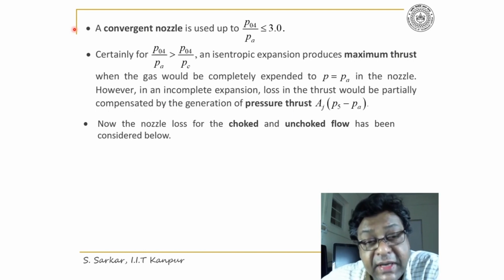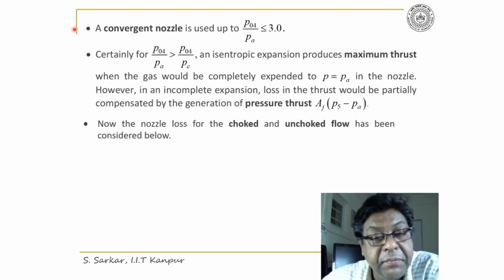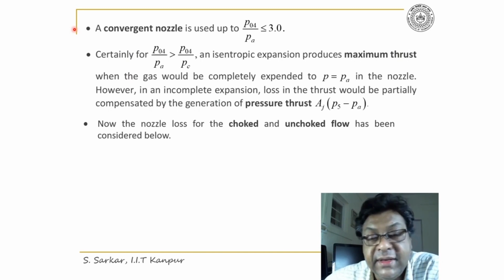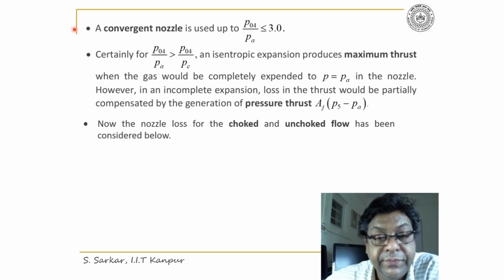Now, for P04/Pa greater than P04/Pc, that means when atmospheric pressure is less than the critical pressure, an isentropic expansion produces the maximum thrust when the gas is completely expanded to the atmospheric pressure in the nozzle.